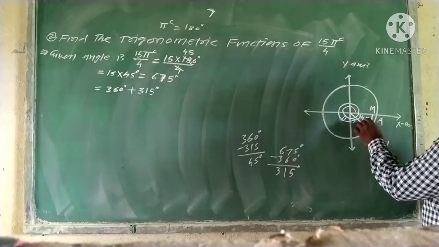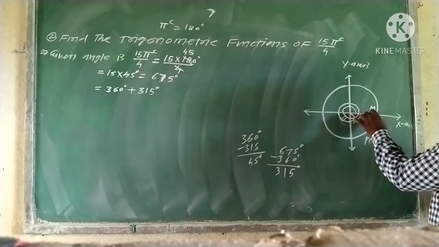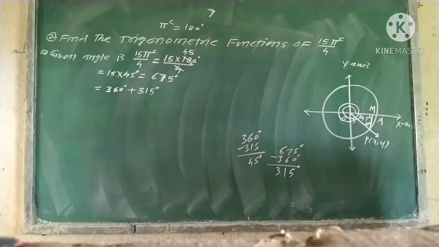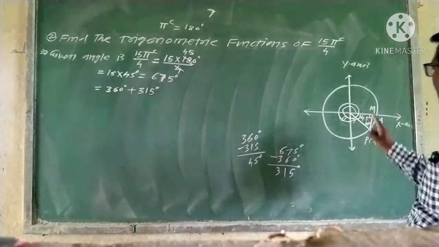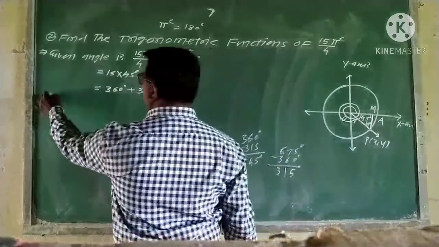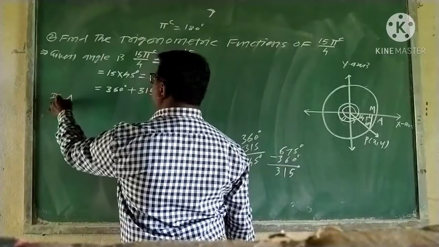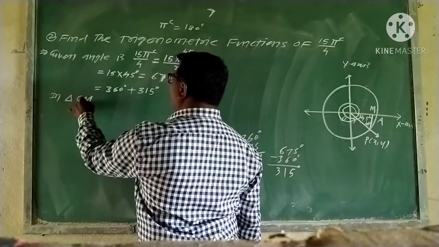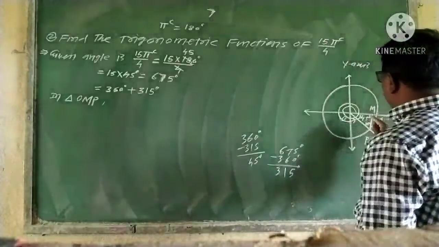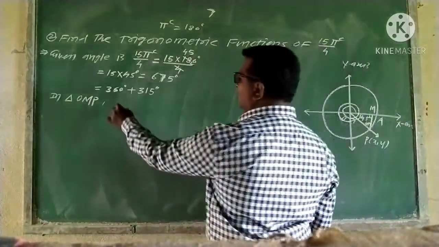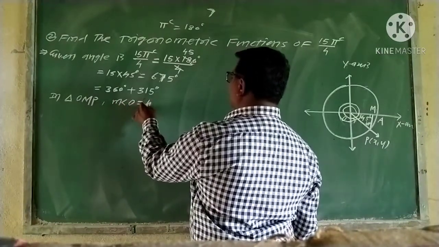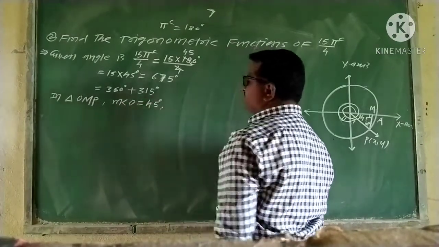This angle is also 45 degrees because we have drawn a perpendicular, and this angle is 90 degrees. Now in triangle OMP, the measure of angle O is 45 degrees.